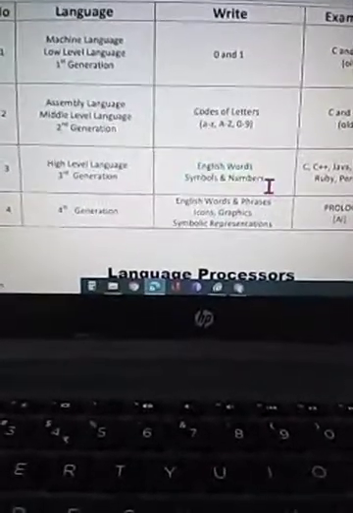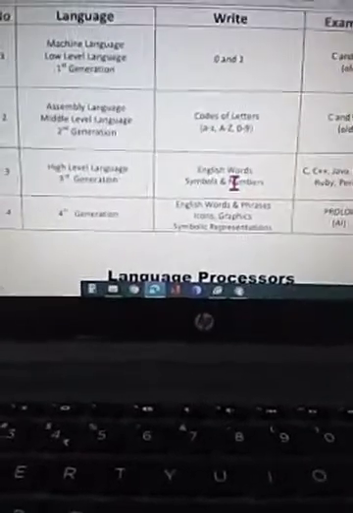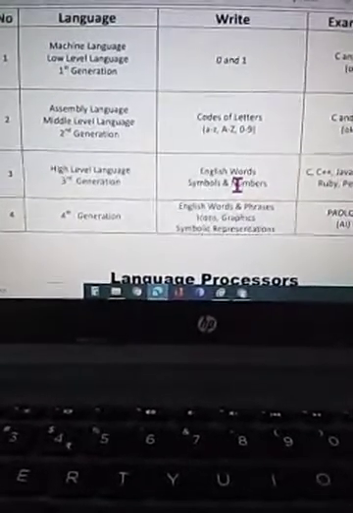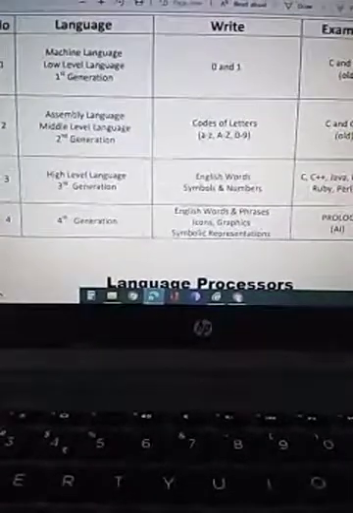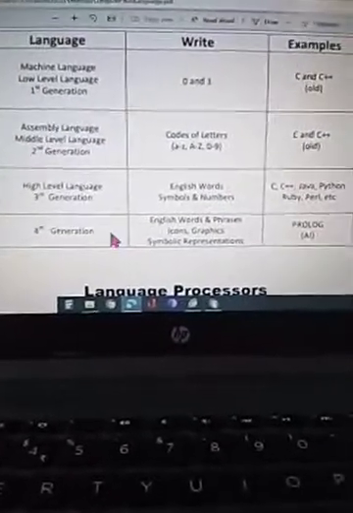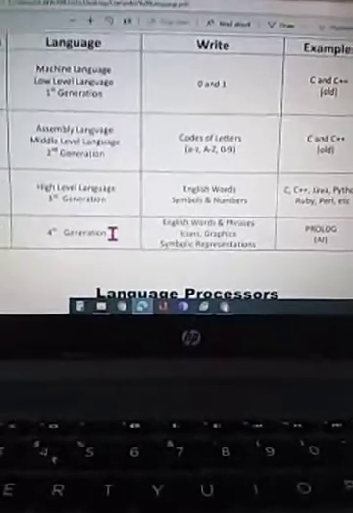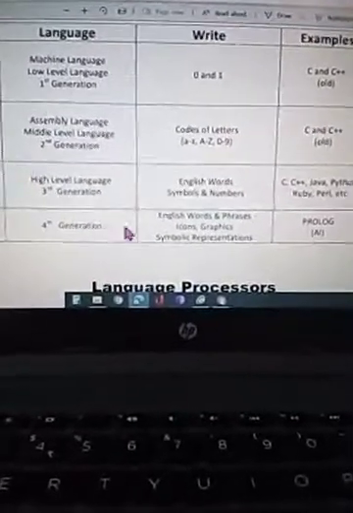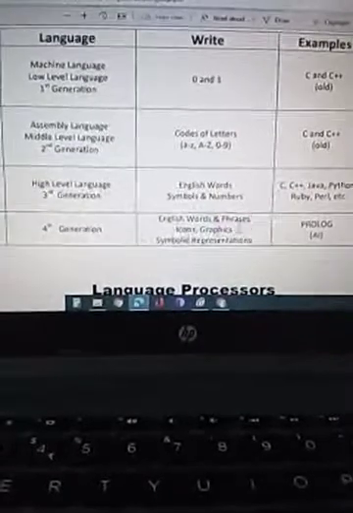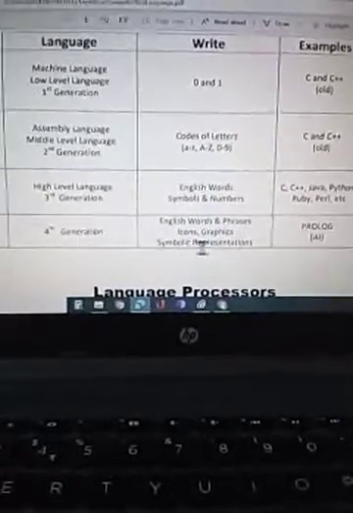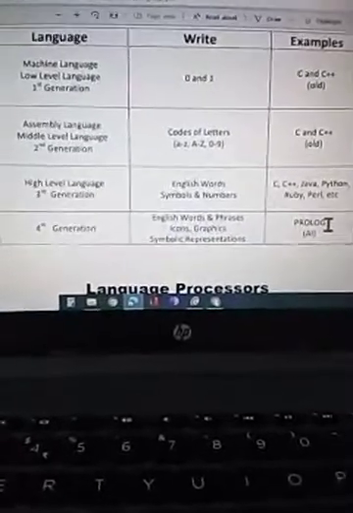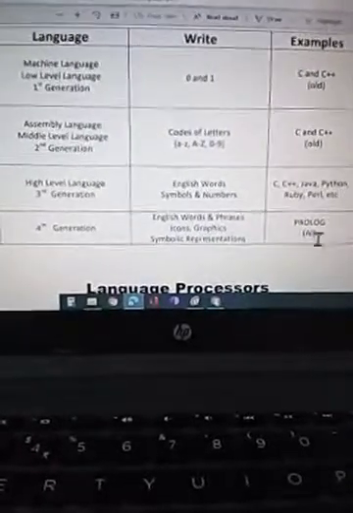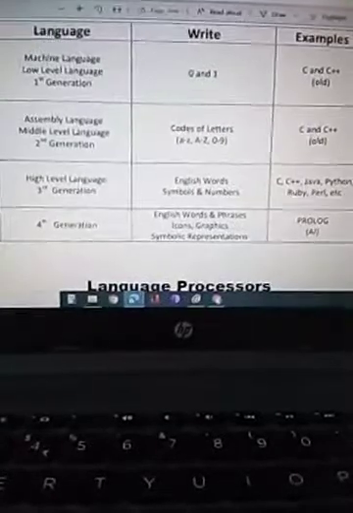Examples: C, C++, Java, Python, Ruby, Perl, etc. The last, present generation is fourth generation. What we use? English words, phrases, icons, graphics, symbolic representation, etc. Example of the program is Prolog. They use artificial intelligence. So this is about computer language.